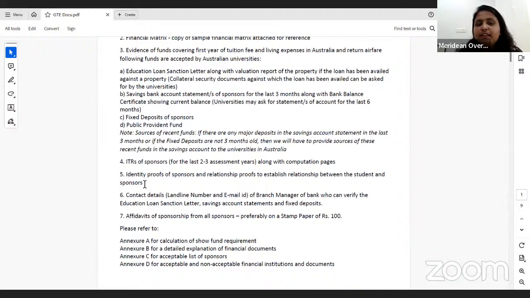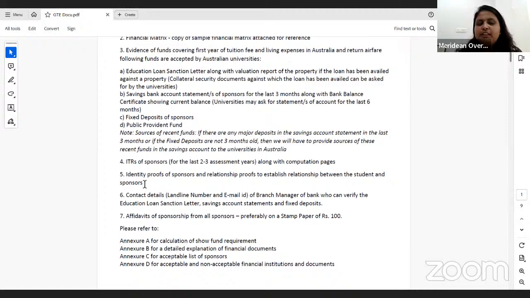Another important thing is contact details. As I have told you in point number 2, financial matrix, in the financial matrix we have to mention the landline number and email ID of the branch manager who is working in a bank, to verify the balances.